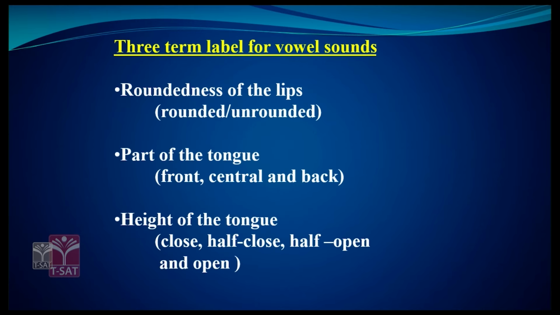So how can we give a three-term label for vowel sounds? In English language, we have to see the roundedness of the lips, whether the vowel sound is rounded or unrounded, and which part of the tongue, is it the front part or central or back, and the height of the tongue: close, half close, half open, and open.